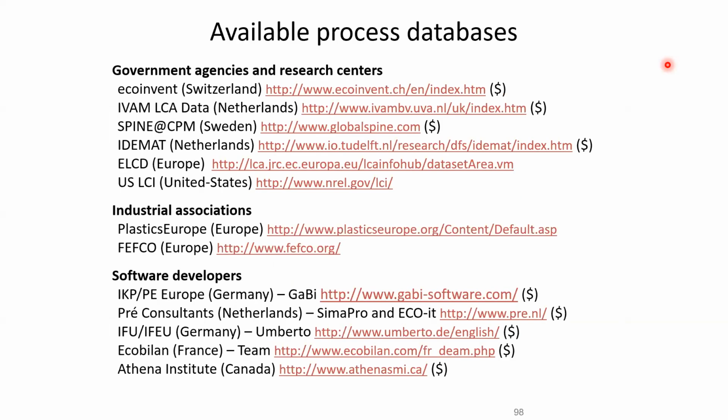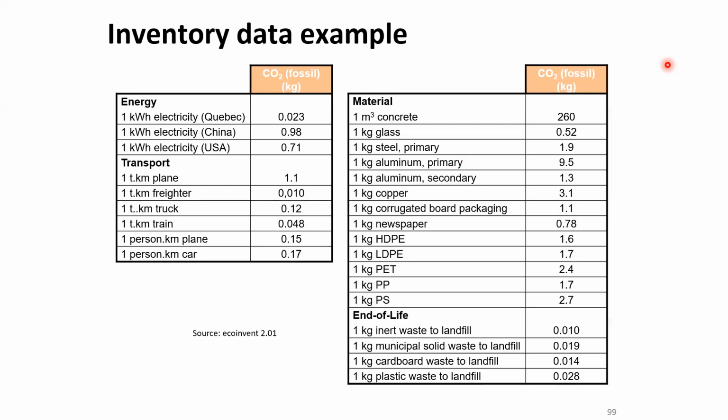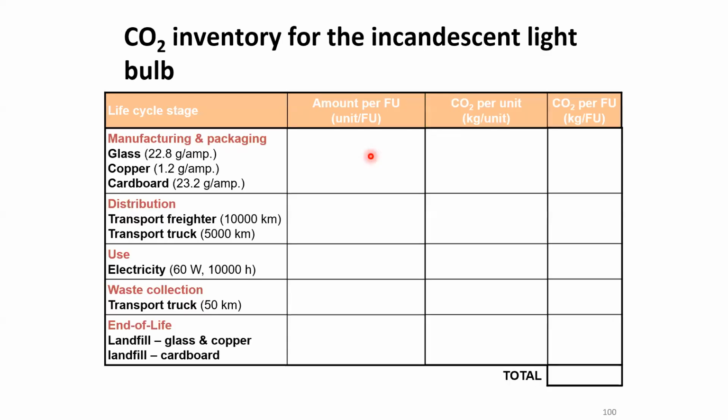So there are different process databases available which can be used, and some do cost, some are available for free. Once you have the data, you can do these kinds of calculations, for example energy, 1 kilowatt hour of electricity for different countries, and transport CO2 and fossil fuels for different materials. This is how the inventory data is available in these databases.